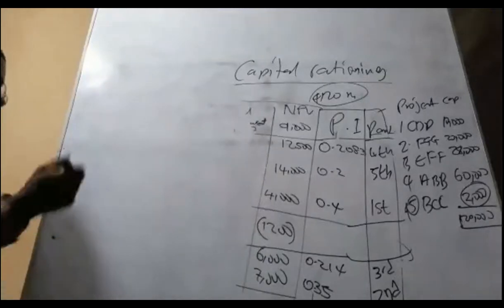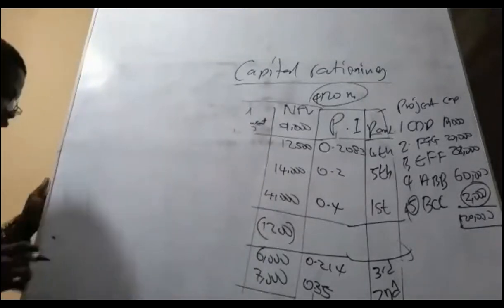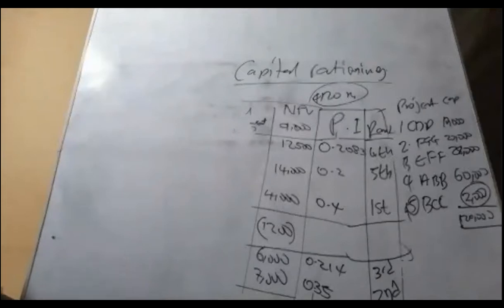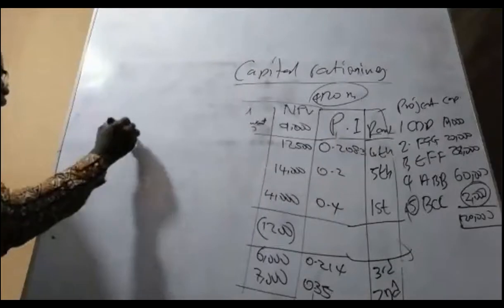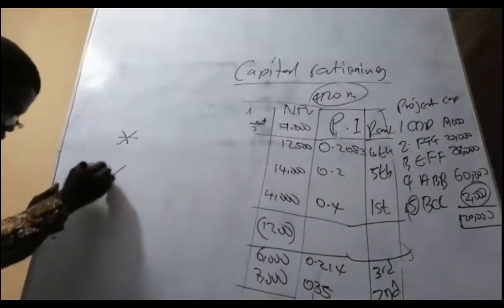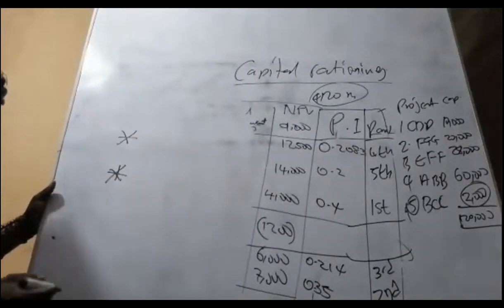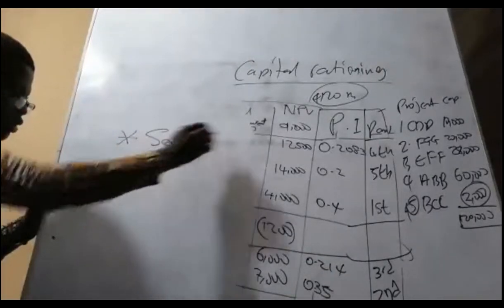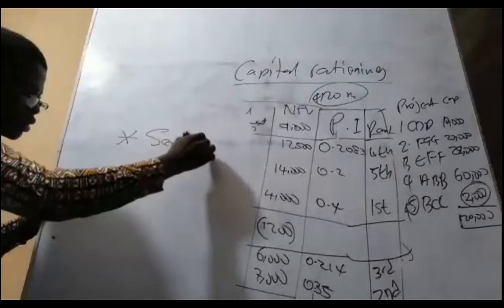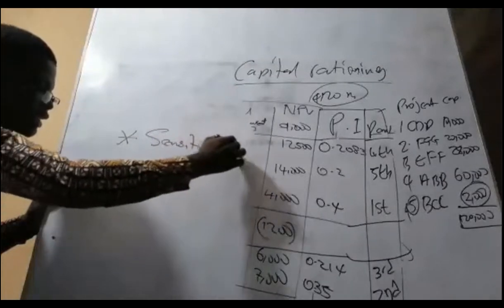Tell the examiner that in capital budgeting or in investment appraisal, we normally include risks by making the following assumptions or techniques. So one, by conducting what we call sensitivity analysis.